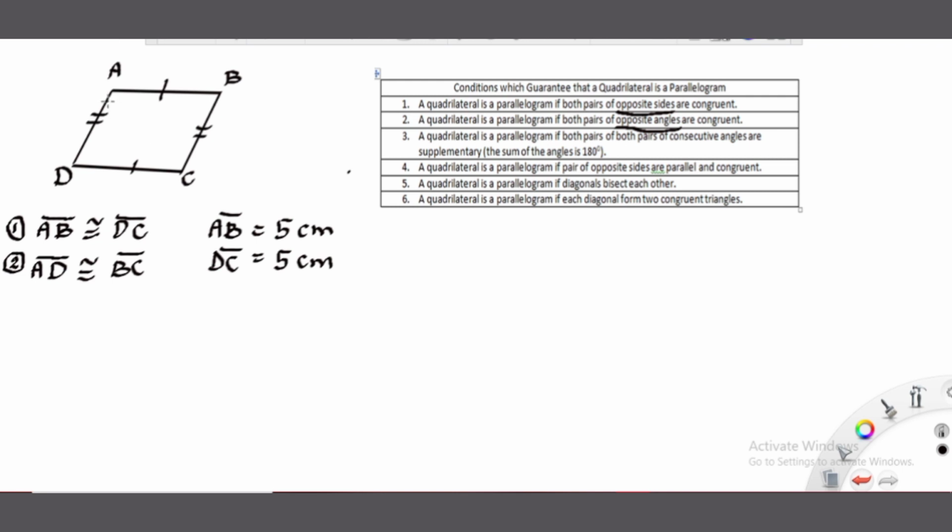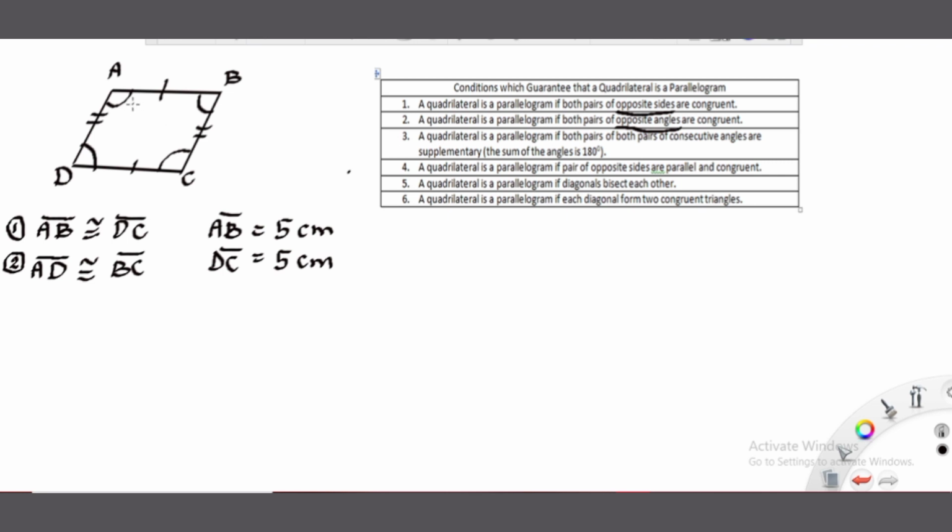We have angle A, angle B, angle C, and angle D. Angle A is opposite to angle C. Opposite angles are those angles in which no sides are common to them.